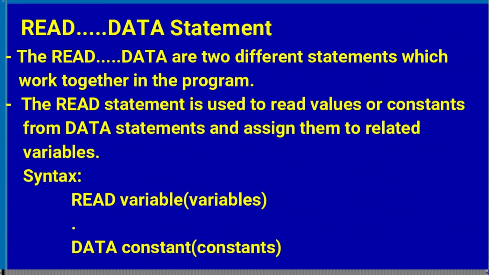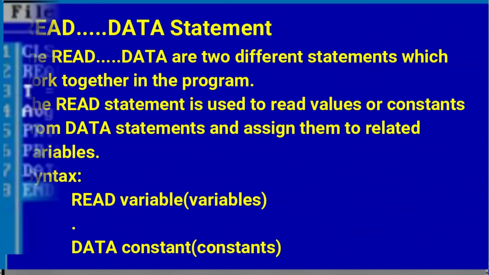Here you can see the syntax: read variables. You also have to know that in a read statement, if you have put 4 variables but in data there are 5 data items, in that case it just ignores the 5th data item because there are only 4 variables, so it takes only 4 data items.